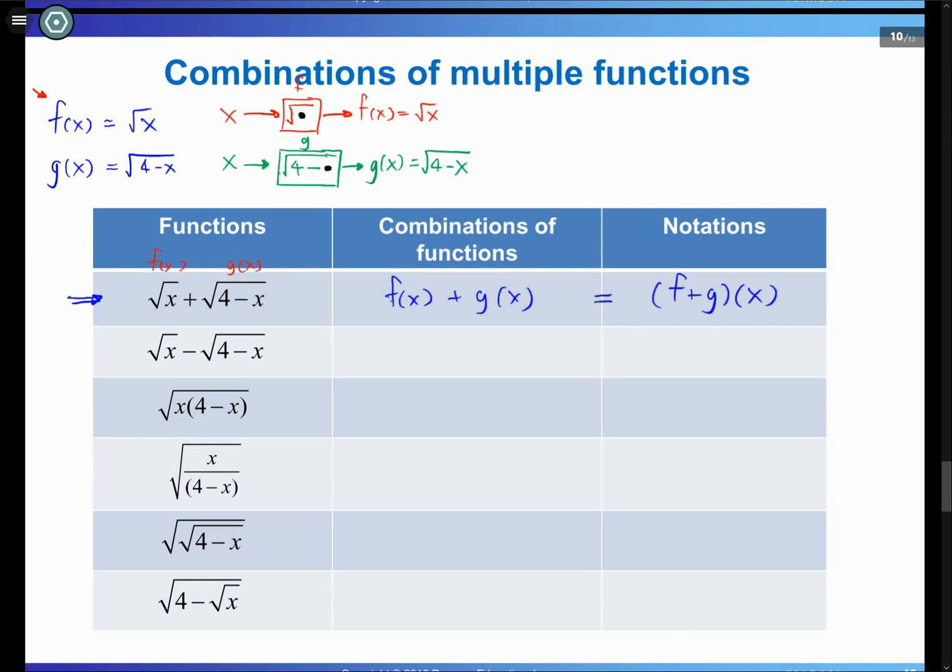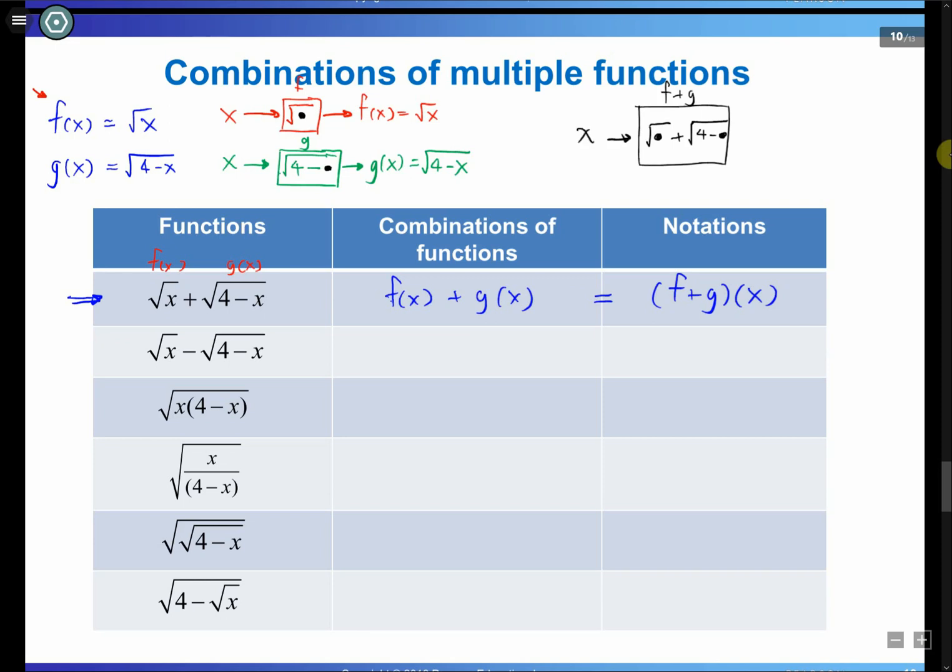So let's take a look here. F plus g is going to be this big black box. Its job is to take the square root of the input plus the square root of 4 minus the input. The input that you feed into this is x.